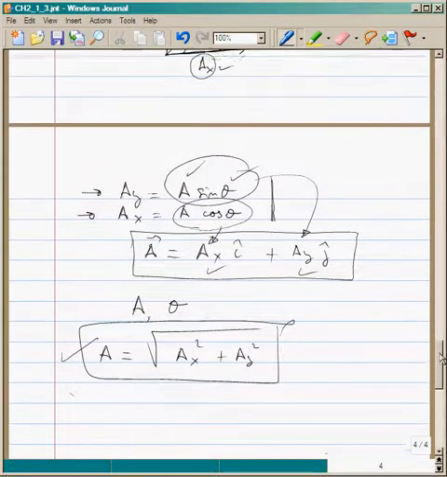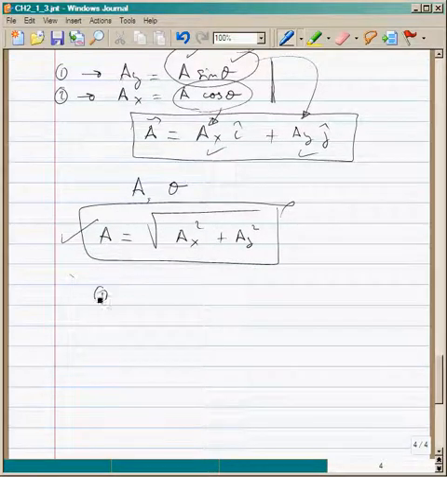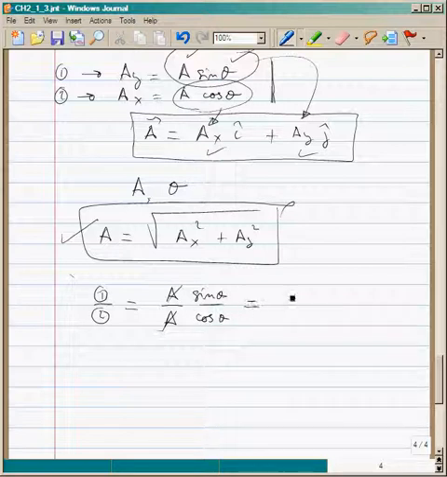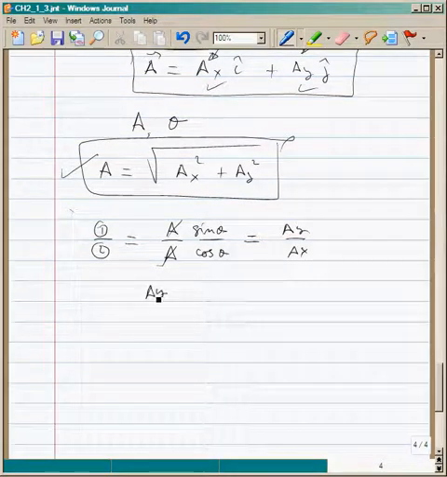Similarly, for the angle, you can go back to those two equations, 1 and 2. Take 1 divided by 2. The magnitude will cancel out, and you end up with a relationship that AY over AX is the tangent of the angle.